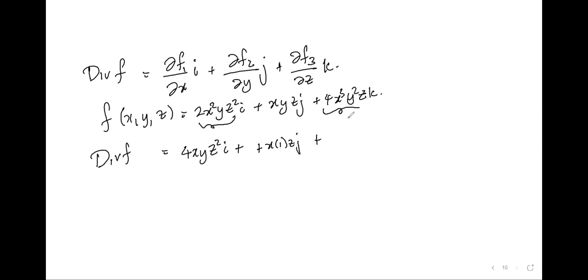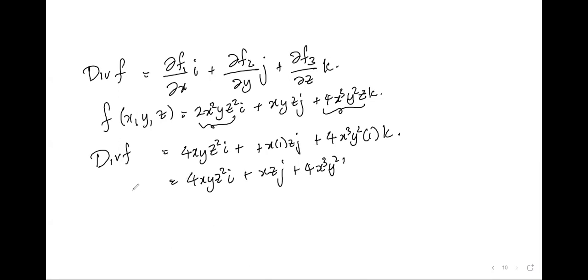And the third one, we differentiate with respect to z, we get 1, so that's 4x cubed y squared. So that's 4x y z squared i plus x z j plus 4x cubed y squared.